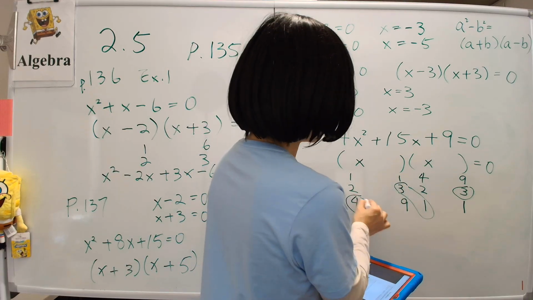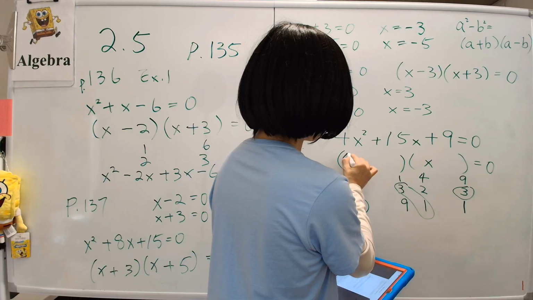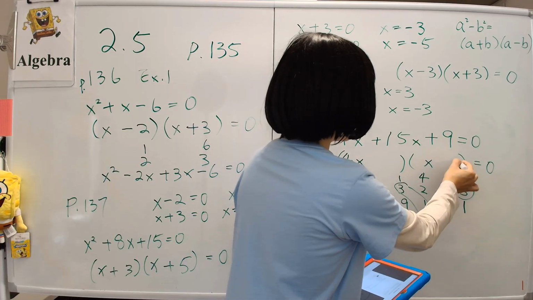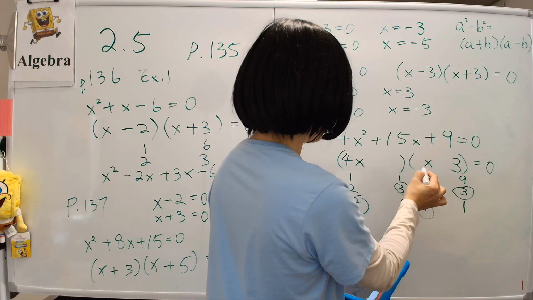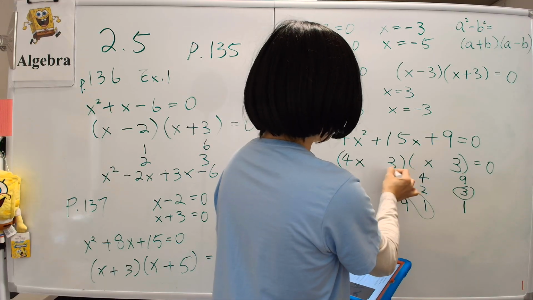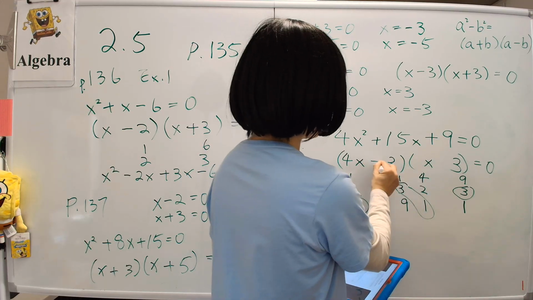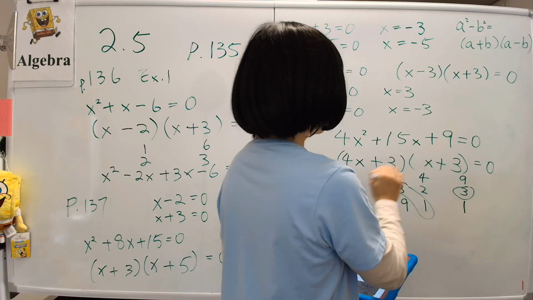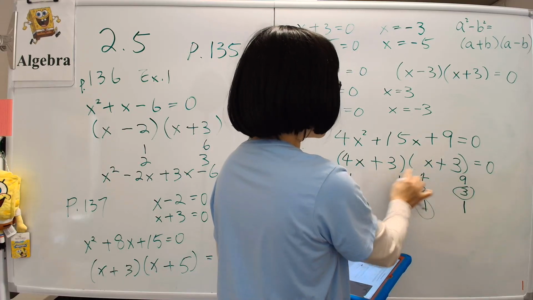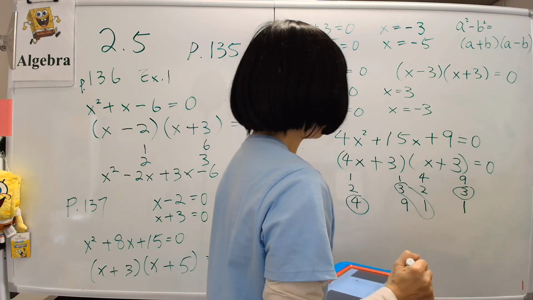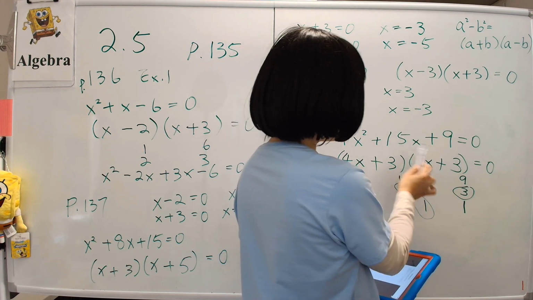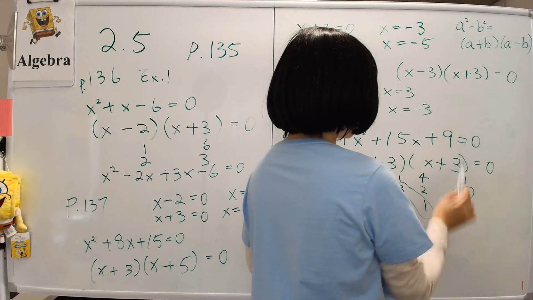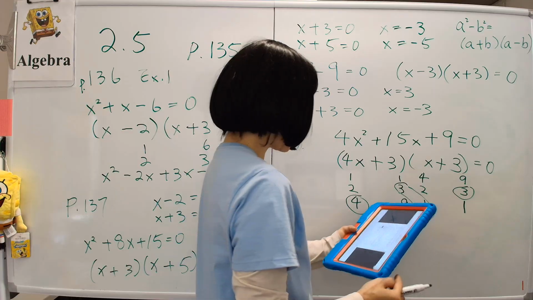So let's write that down and see what happens. 4 times 3 is 12, and this is 3 times 1. When you add all this together, 4 times 3 is 12, plus 3 is 15, and we get the 15. In the meantime, 4 times 1 is 4, and 3 times 3 is 9, so the whole thing works out.